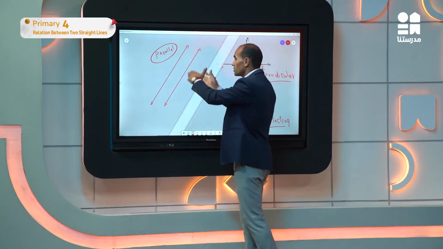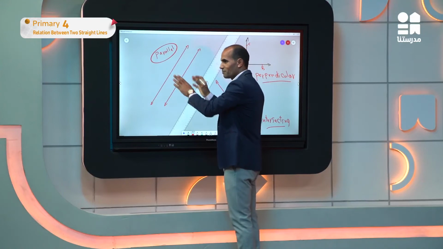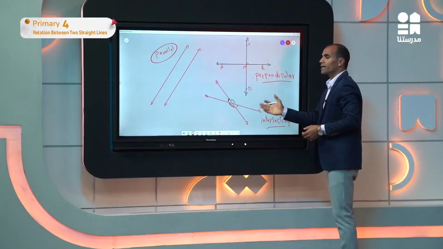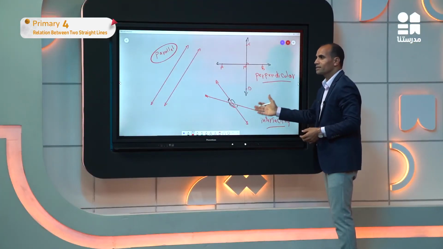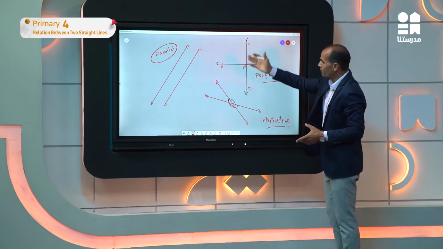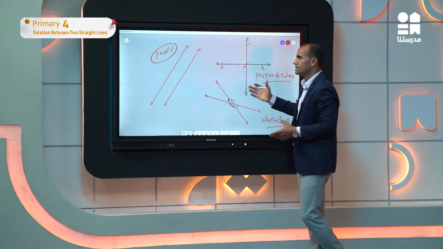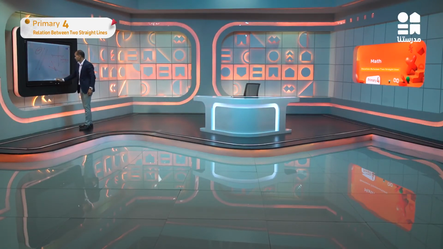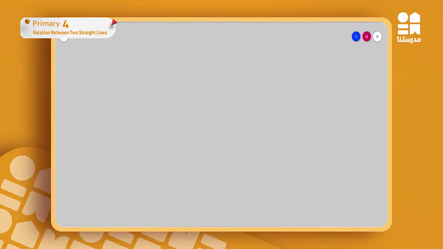They do not cross each other at all. So here I have two parallel straight lines, here two perpendicular straight lines, and here two intersecting straight lines. So we have here the relations between the two straight lines, and this is our lesson today. And now we can take an exercise on this part. We can take an exercise now, continue with me. Okay, exercise.